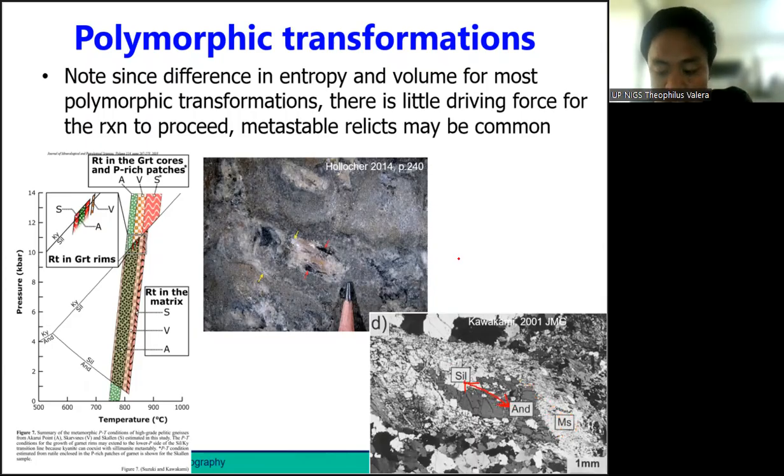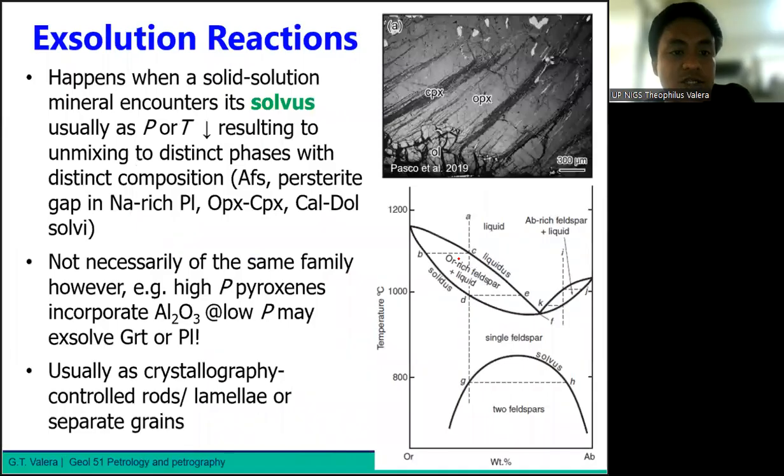Okay? Next type of reaction is exsolution reaction. So exsolution reactions, similar, roughly the same process. So when you decrease pressure and temperature, some of the rock in question may reach a solvus.